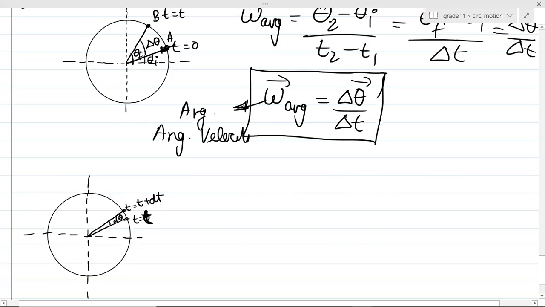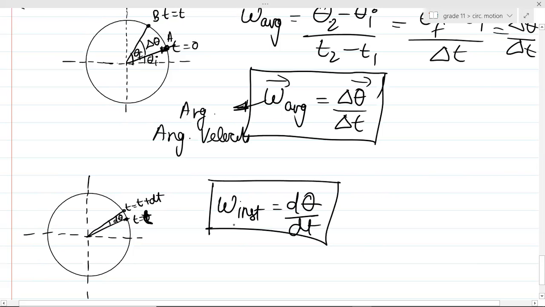Can you see very small time it is covering this much distance? So in this case, omega instantaneous is this d theta by dt. Is this clear, guys? Instantaneous is basically this delta will become d, and if you want to write vector form, you can write vector.